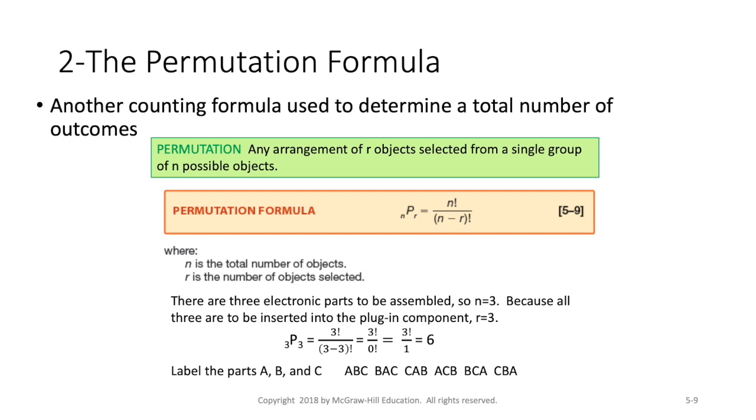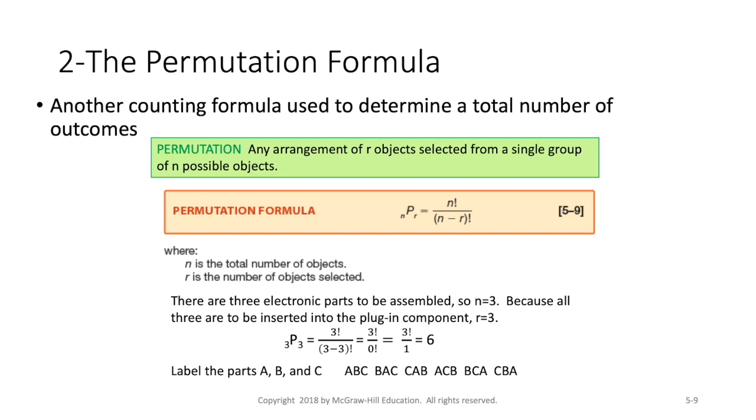And so mathematically, we plug those numbers in, 3 and 3, n and r. We would get 3 factorial divided by 0 factorial, and you just have to know that 0 factorial by definition is equal to 1. And to do the factorial, it's the number times all the other numbers less than that until you get to 1.